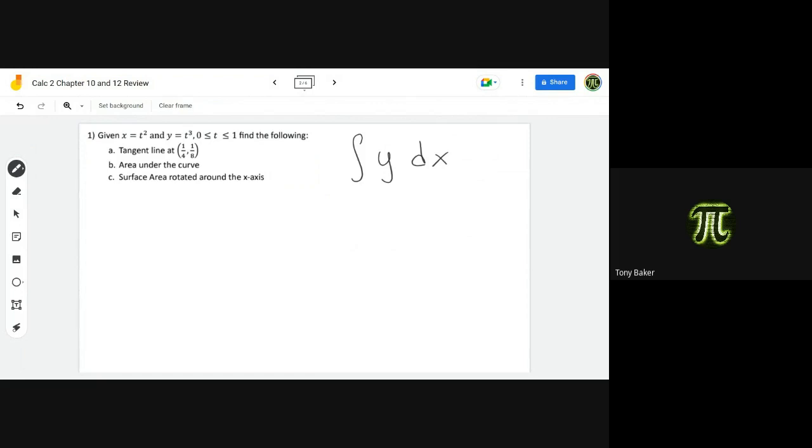Oh, from the actual range. In this case, it's from 0 to 1. So I have y, which is t to the third power, times the derivative of x, which is 2t dt.